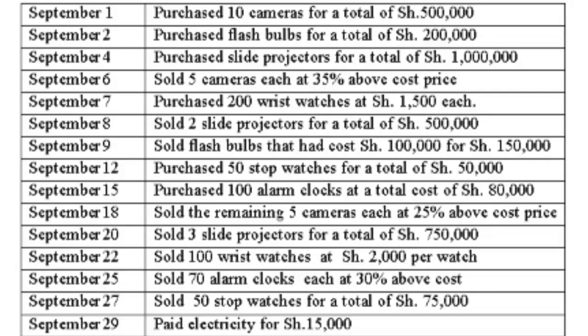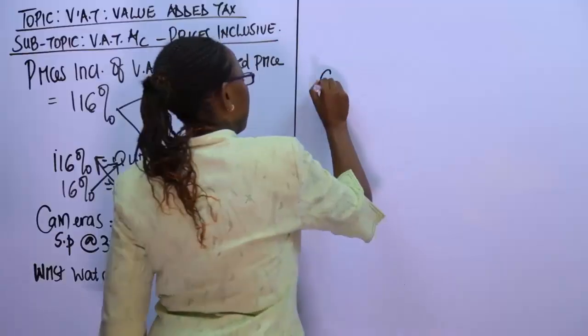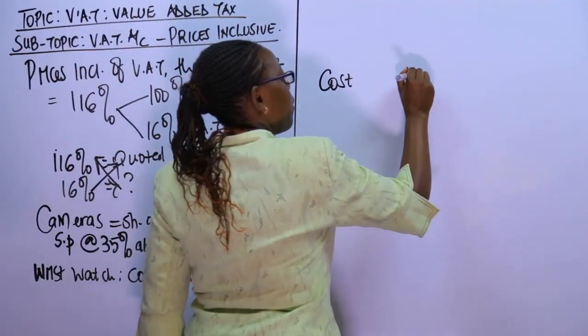We are now on September 9th. Sold flash bulbs that had cost 100,000 for 150,000. When we bought the flash bulbs, we already indicated that as input VAT. So what you're going to account for in this transaction is the 150,000, which is output VAT. Now for this question, the cost was 100,000.